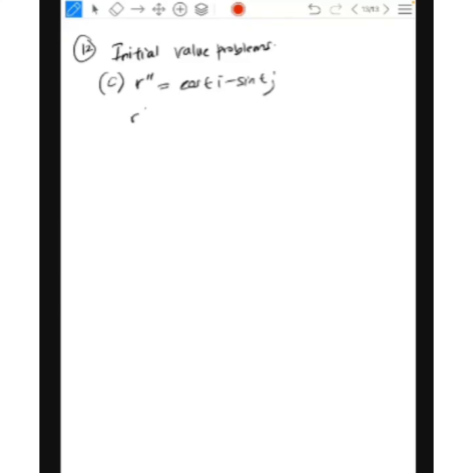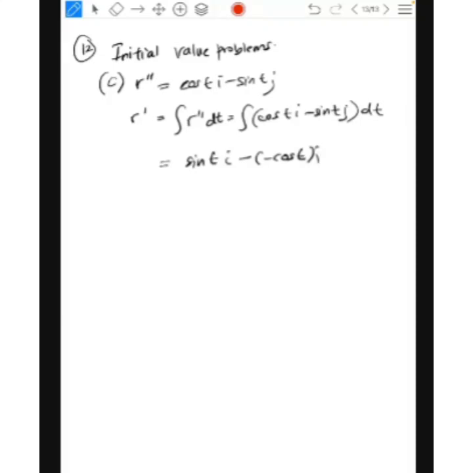So we find R prime first. R prime is the integral of R double prime with respect to t, which means we integrate cos t i minus sin t j with respect to t. So we have sin t i, and negative cos t j.